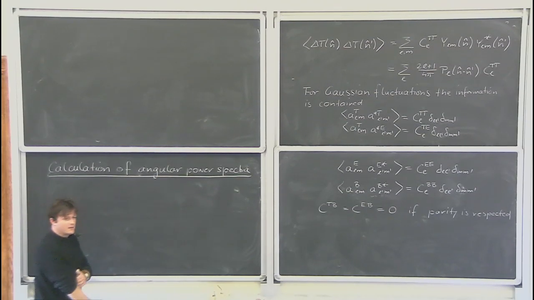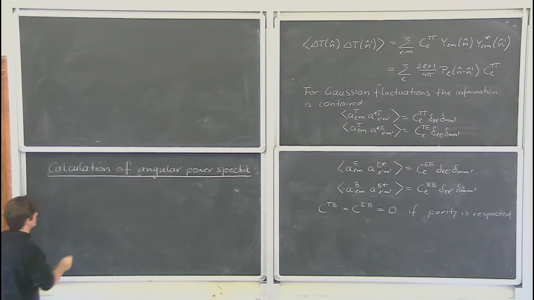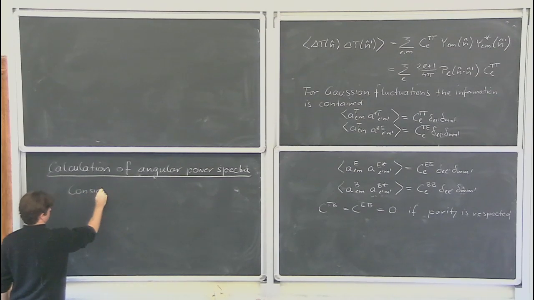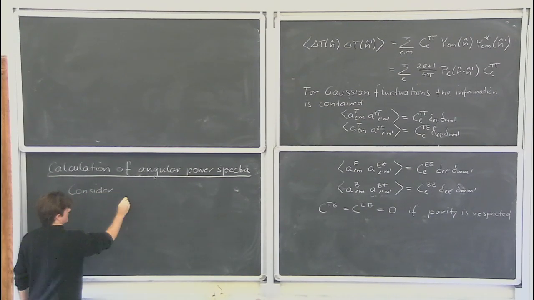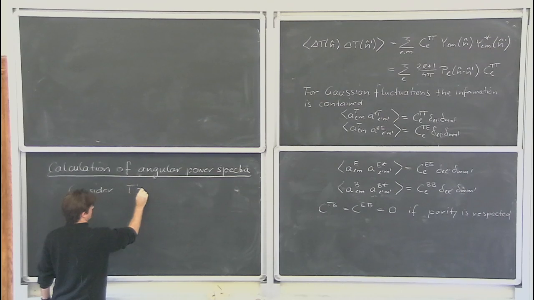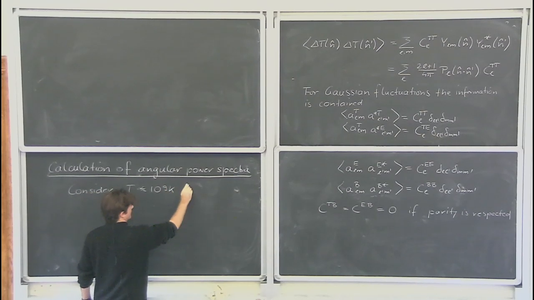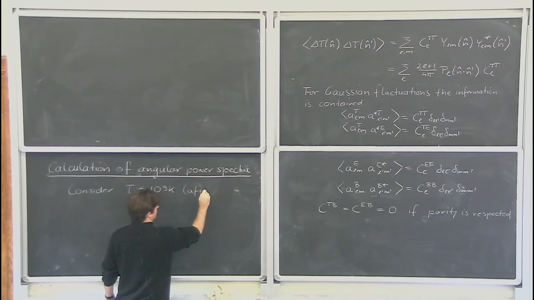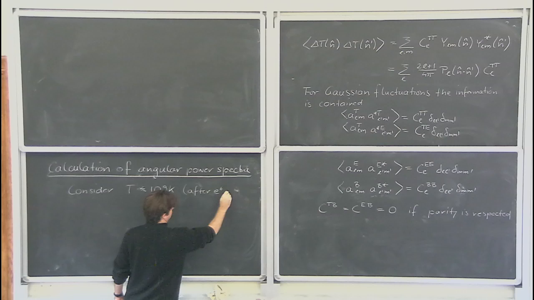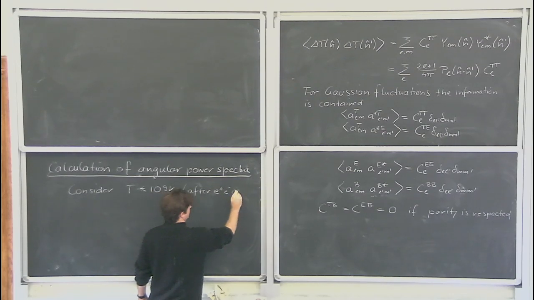Just like the calculation of the spectrum, conceptually it's useful to think about the universe at a temperature of just below 10 to the 9 Kelvin, after E plus E minus annihilation.